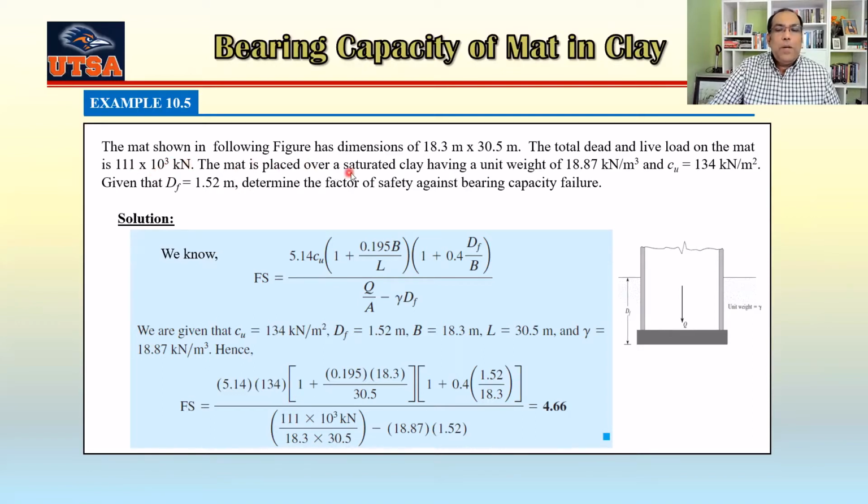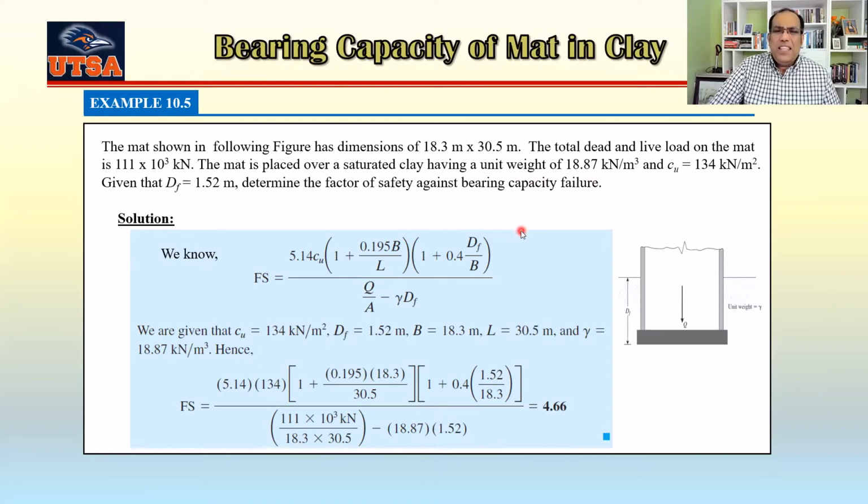The mat is placed over a saturated clay having a unit weight of 18.87 kilonewton per meter cube, and Cu undrained is 134 kilonewton per meter square. Given that Df equals 1.52 meter, determine the factor of safety against bearing capacity failure.